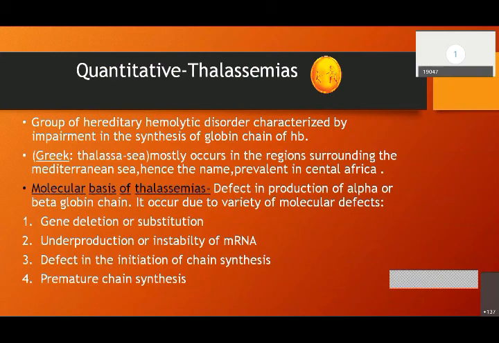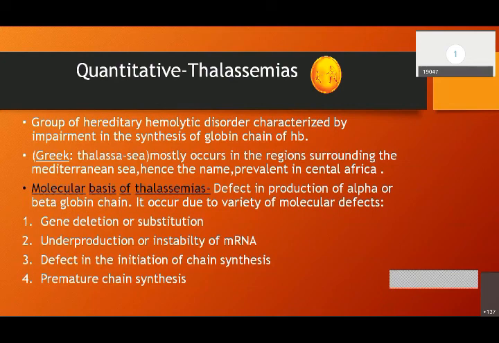Now we'll see the quantitative disorders. In quantitative disorders, there is a defect in the synthesis of normal hemoglobin. Thalassemia is a group of hereditary hemolytic disorders characterized by impairment in the synthesis of normal globin chains of hemoglobin. It mostly occurs in the region surrounding the Mediterranean Sea, and hence the name.